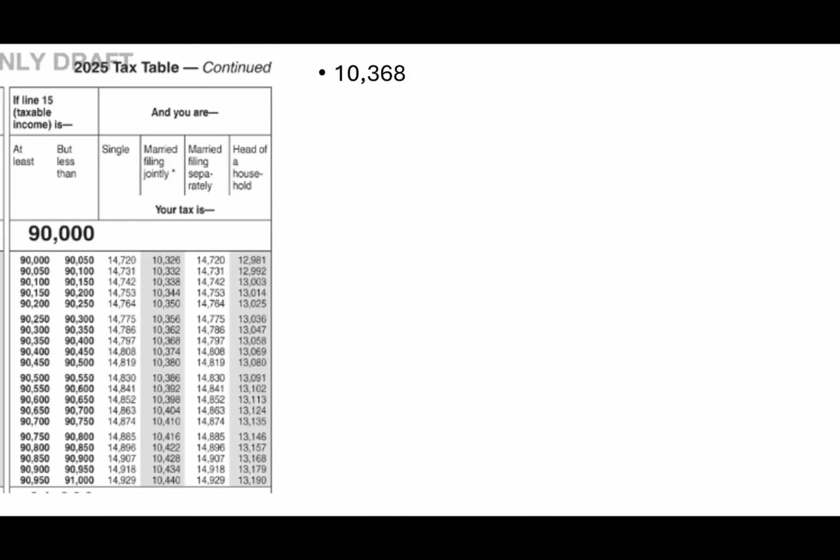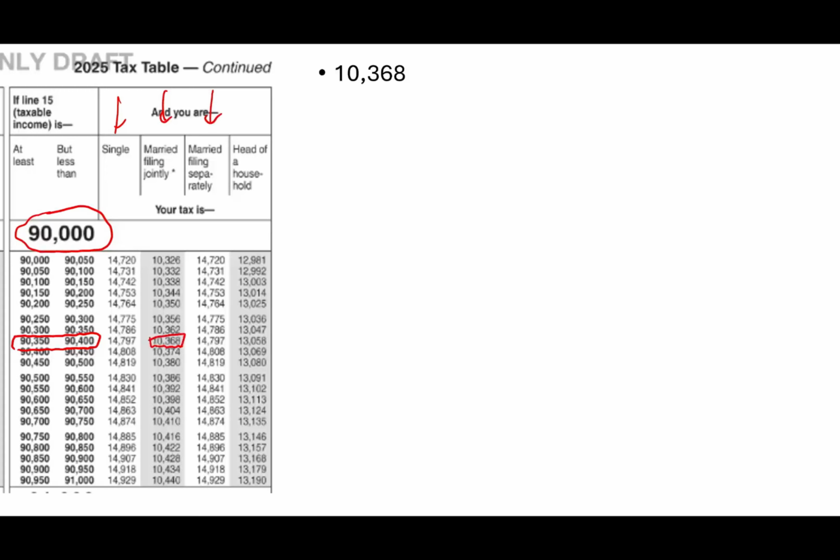Now let's use the tax table to figure out their taxes. The tax tables are given by the IRS, and you would go to make sure you are dealing with the dollar amount 90,000. 90,355 is someplace here. So their income is in between 90,350 to 90,400. Then you have to look at single, married filing jointly, married filing separately. They're married filing jointly.